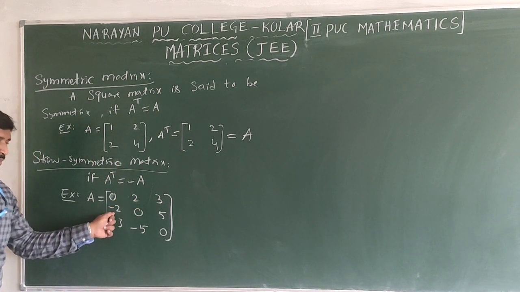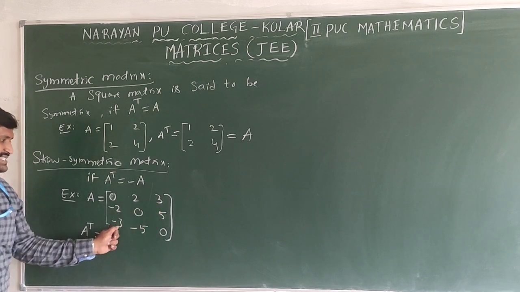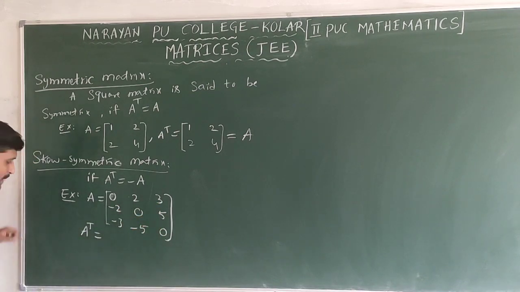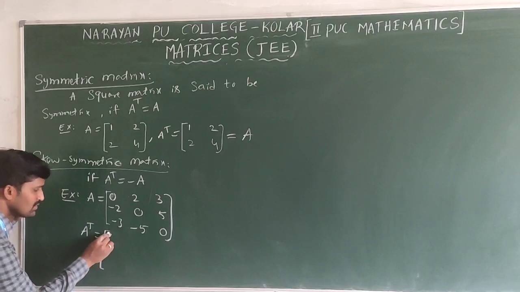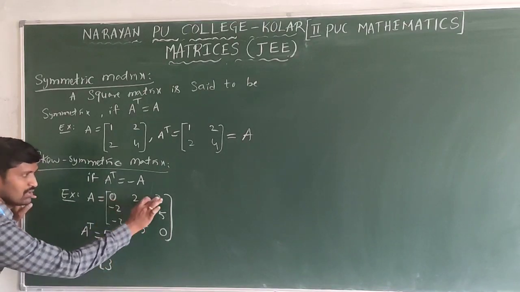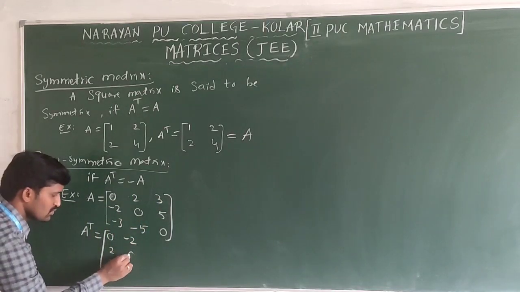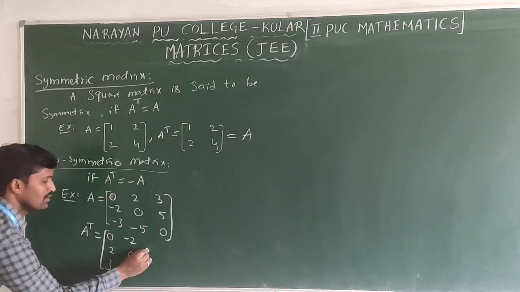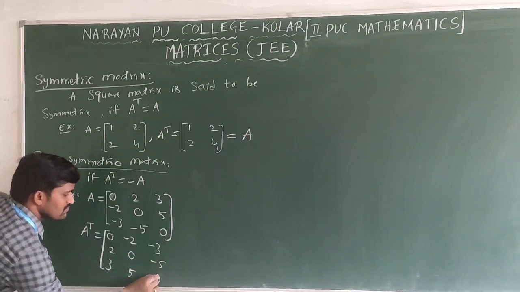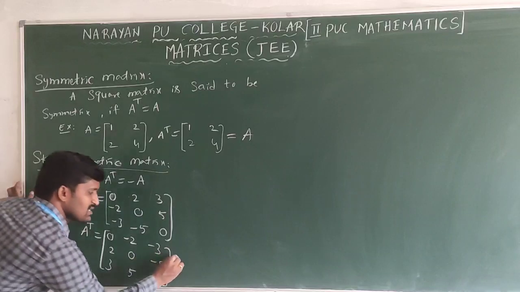Here 2, here what is there? Minus 2. Here 3, minus 3. 5, minus 5. Apply transpose, what will you get? 0, 2, 3. Changing rows and columns. Minus 2, 0, 5. Minus 3, minus 5, 0. And take minus common from this.